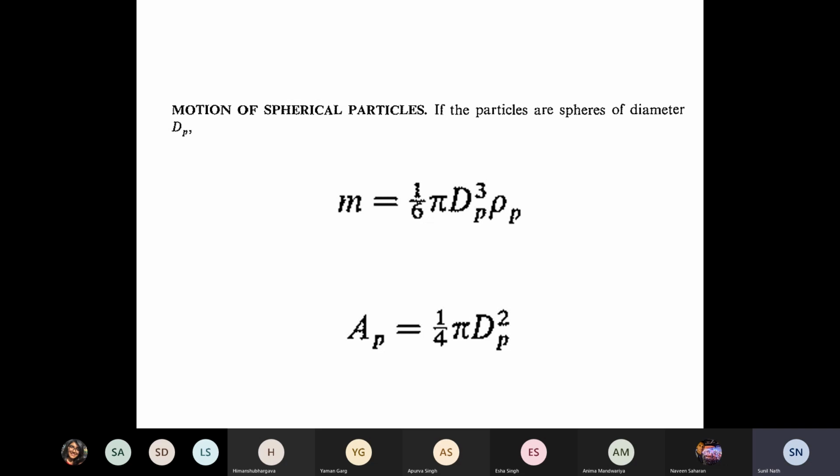That is the correct projected area of that sphere. So now we can substitute this into the general expression for the terminal velocity, and we will have a general equation for the gravity settling of spheres independent of the flow regime. Please tell me what you get.